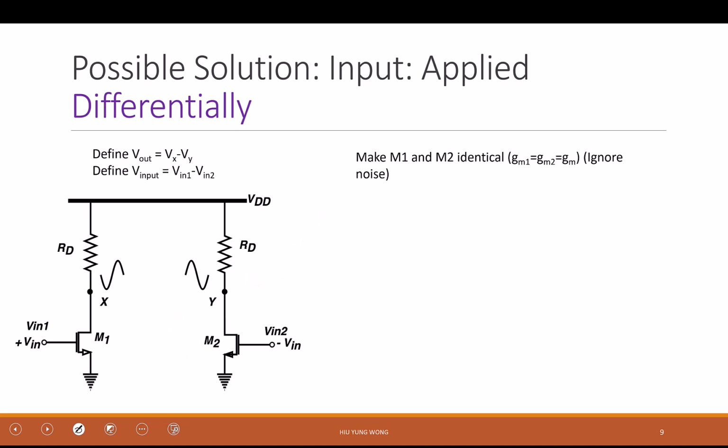What is Vx this time? I'm asking about the small signal, not the biasing. What is Vx for the given input?